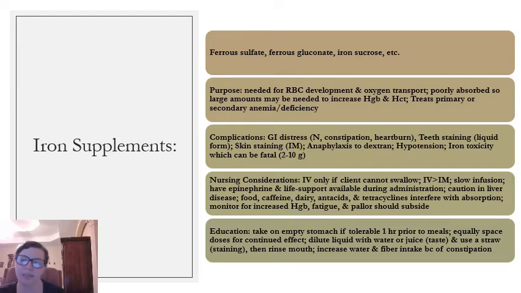They need to equally space out their doses of iron so that there's a continued effect, because it's short term, and once it takes effect, it promotes the red blood cell production, and red blood cells don't live for very long. So then you need another dose to keep producing red blood cells. And so it needs to be equally spaced out to have that continued effect.